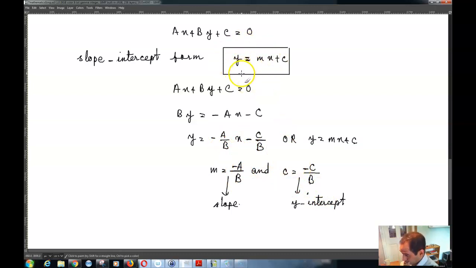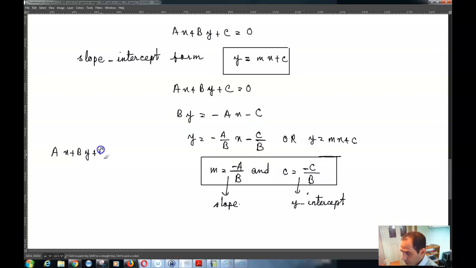Or you can remember these two formulas: if you have some line in the form ax plus by plus c is equal to 0, your m is equal to negative a by b, and your y-intercept c is equal to negative c by b.